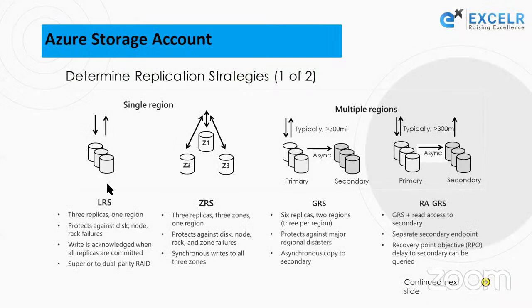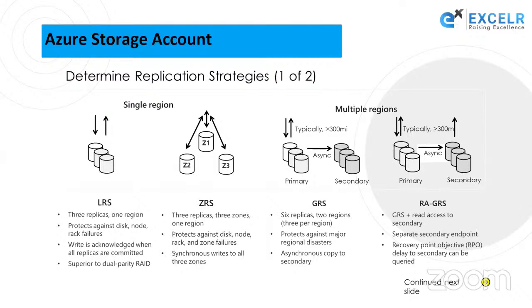GRS creates a copy of your data in 2 regions, and this is called geo-redundant storage, GRS, which is going to provide you a durability of 16 nines, which is huge.